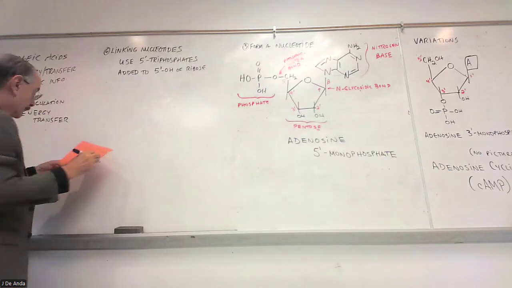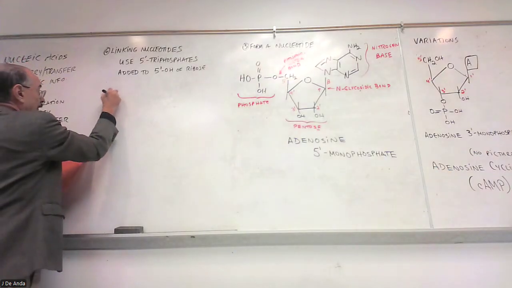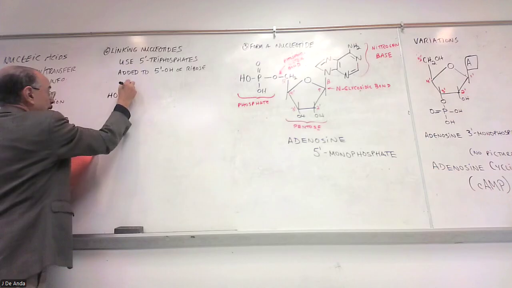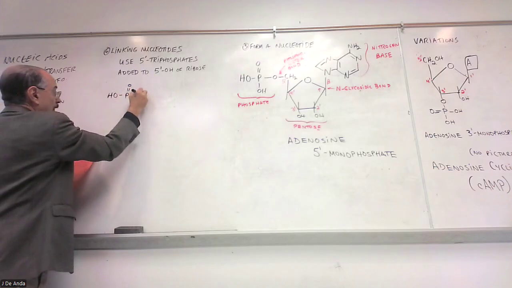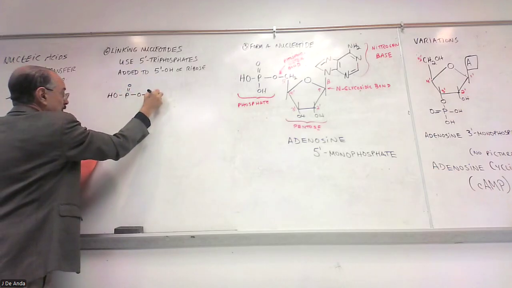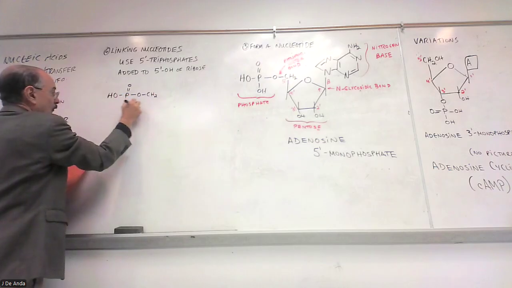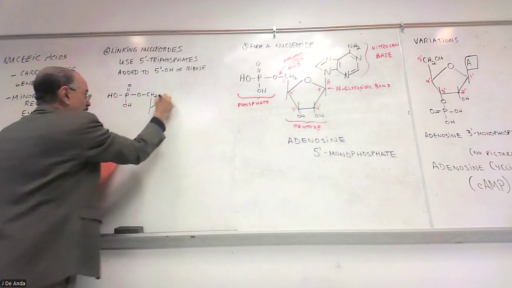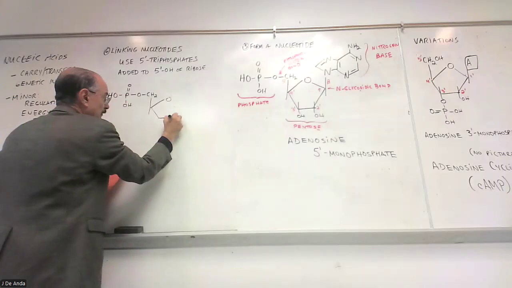So let's say, for example, I have this structure here. P, O, CH2 OH. Okay, so here's my ribose.